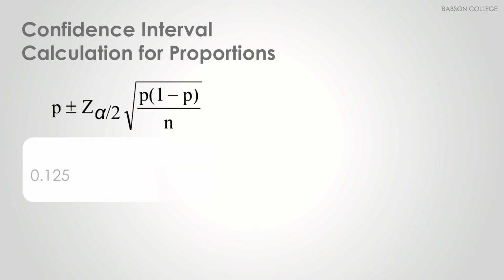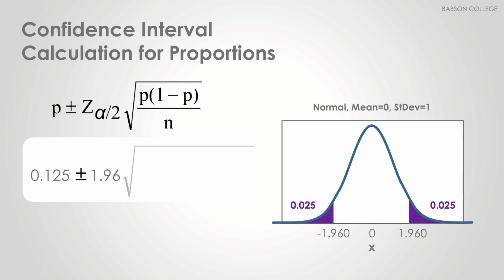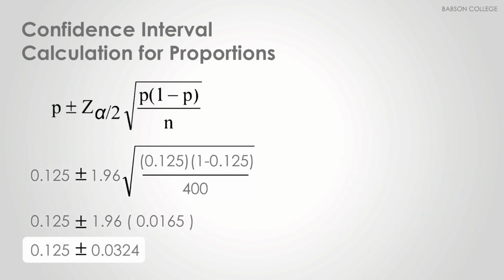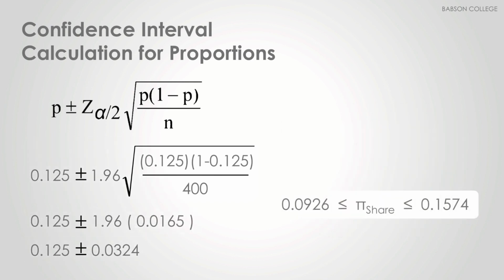So we start with our point estimate of 0.125, add and subtract 1.96 times a fairly complex square root of our sample proportion, 0.125, times 1 minus the 0.125, all over 400. After we work that out, we get an interval that starts with 0.0926.